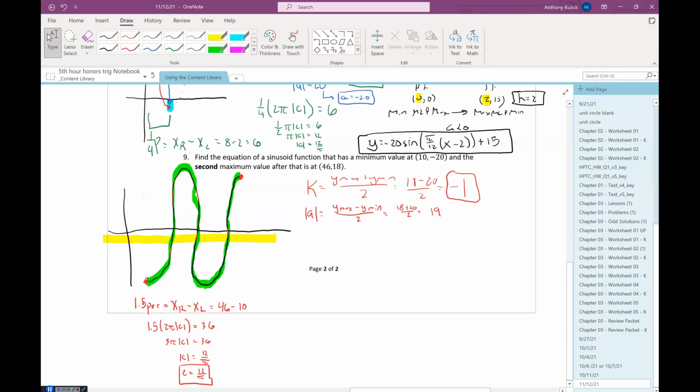I would do cosine. Why? Because I'm given maxes and mins, right? It's not like finding that H is that much harder if I use sine, but it just makes it a little bit more of a hassle than it needs to be. And if I can just write down the value for H by picking sine versus cosine cleverly, I'd rather do that. You know what I mean?